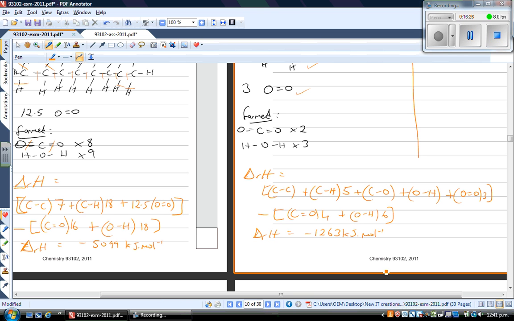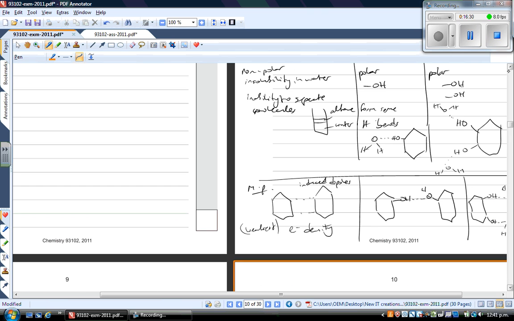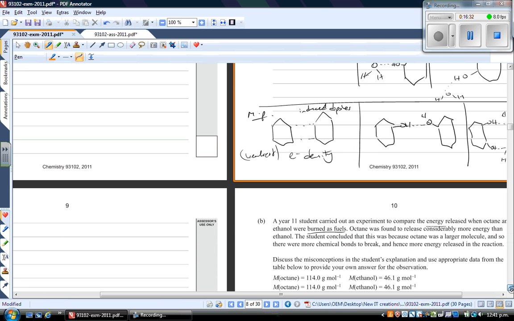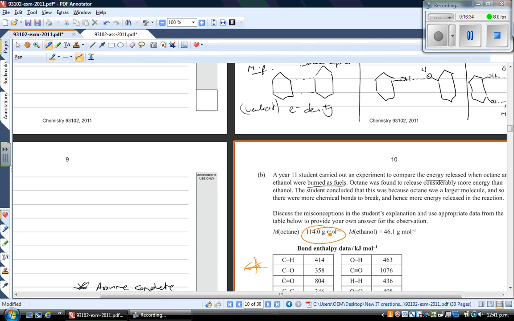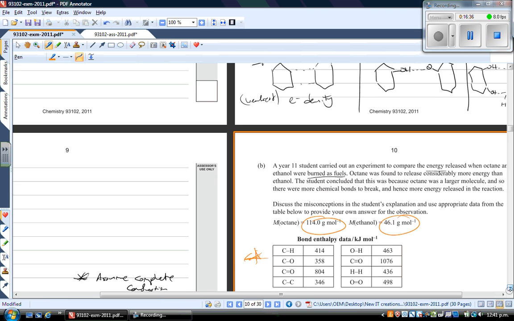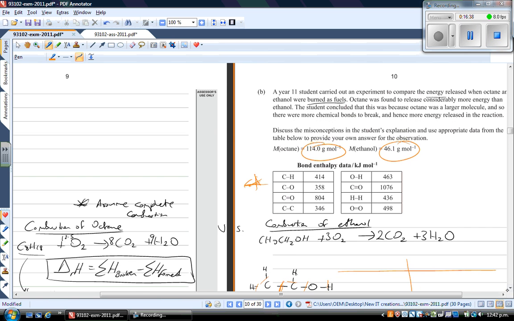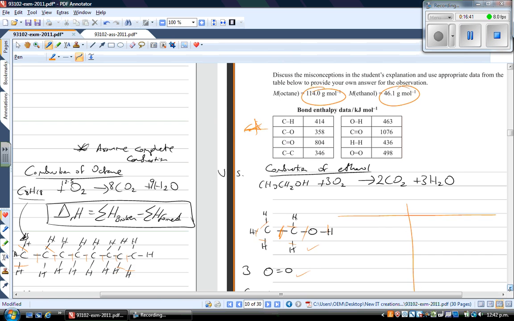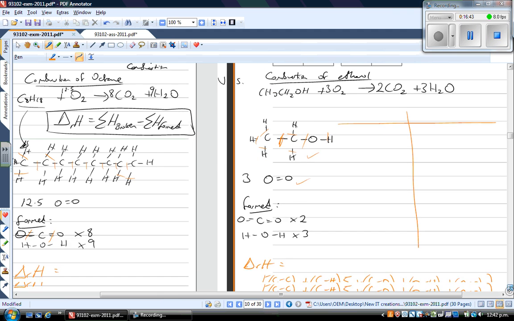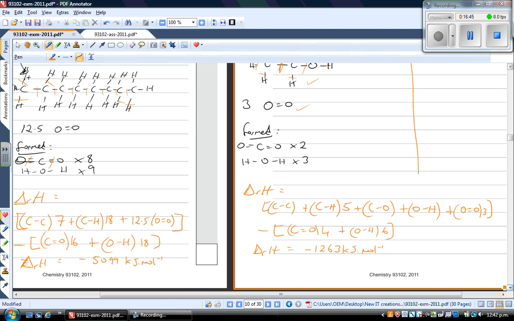And the final thing is to just change them into energy values. And this is where the molecular mass comes in that we were given in the question. So we were given the molecular mass for octane and the molecular mass for ethanol. So if you divide the enthalpy for the reaction by the molecular mass, you'll get the energy per gram of each of these fuels.